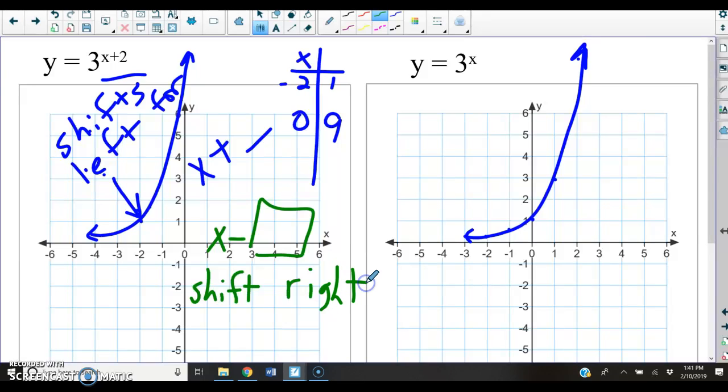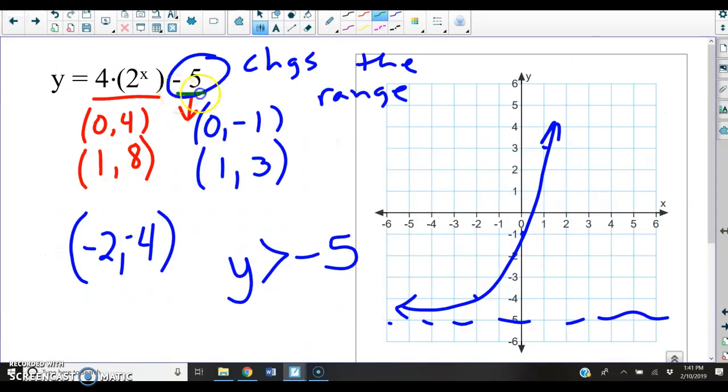Okay, so you still get this general idea of, okay, yeah, exponential, they take off in a hurry, they get flat on the other side. It has this critical changing point. But the plus or the minus in the exponent shifts it left and right. The plus or the minus in your equation after you do your exponent, that moves it up and down.